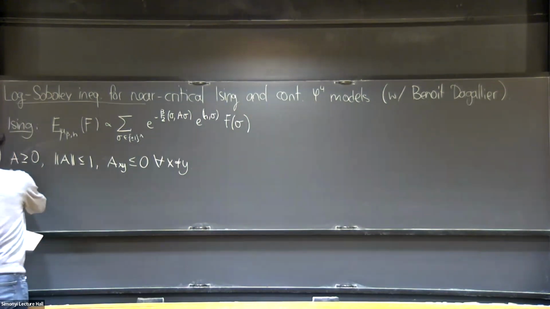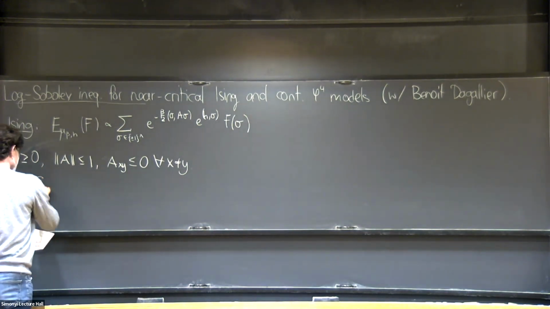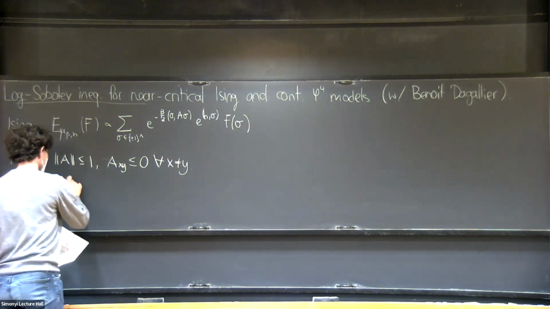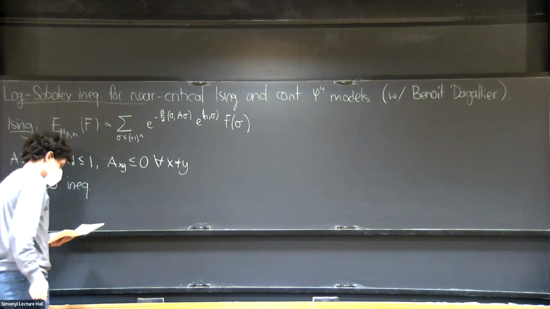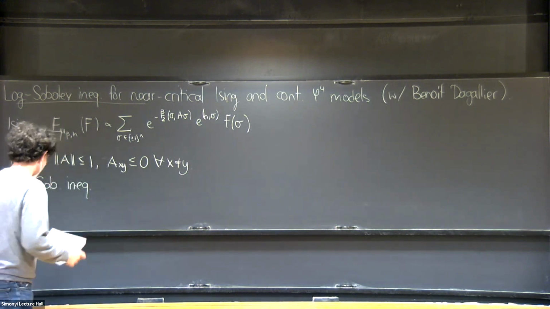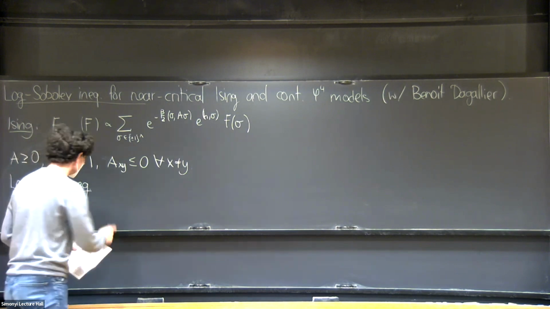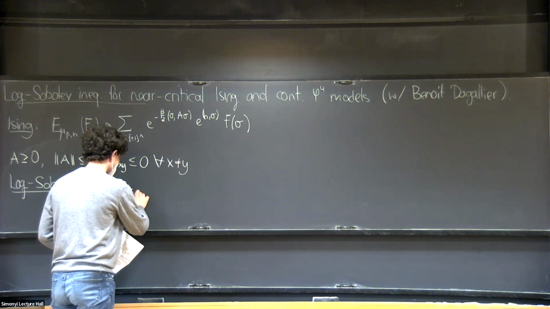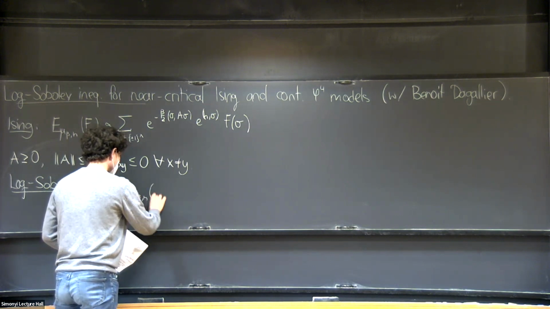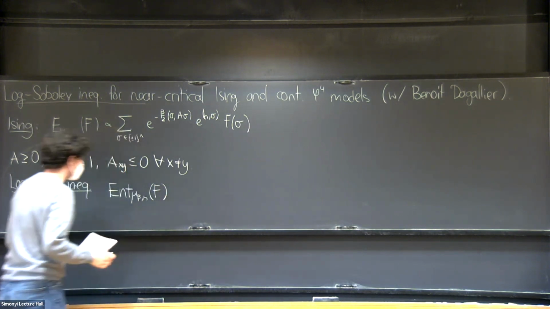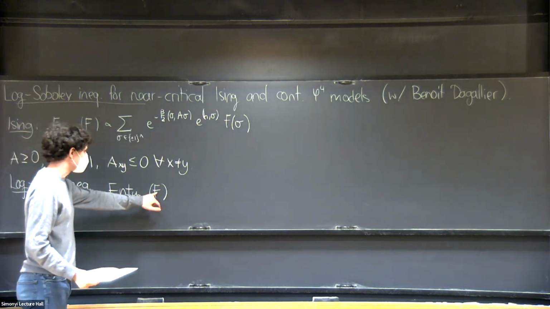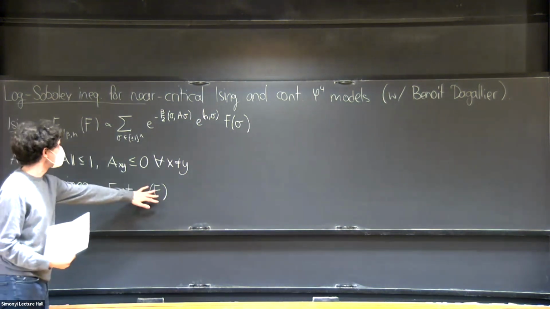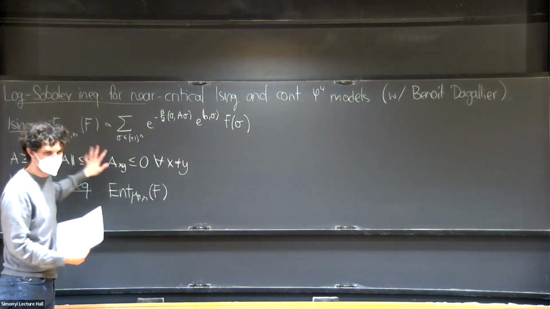And so the Log-Sobolev inequality for the Ising model: the Log-Sobolev constant is the best constant, which I denote by gamma, in the Log-Sobolev inequality. And the inequality reads as follows. I'm looking at the relative entropy of F. So F is going to be non-negative, and I'm thinking of F as a density with respect to this measure, say.